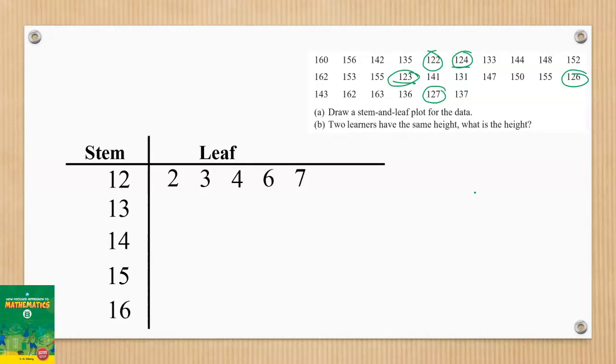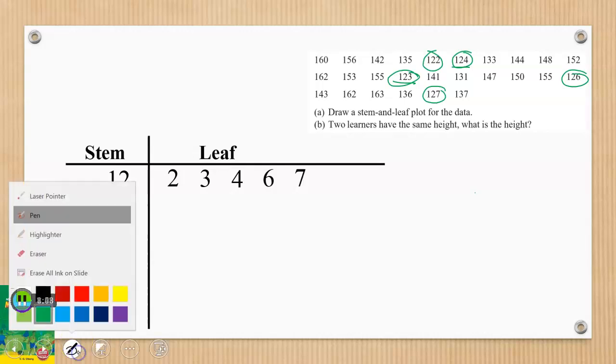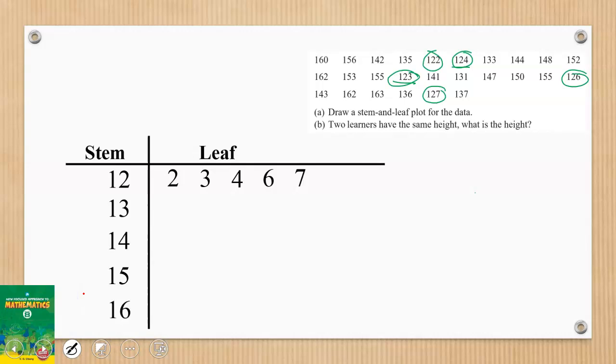Then we come to the next one that has 13 as a stem. So we are looking at 13, and then the number that follows. We can start from here, 1, 2, 3, 4, 5, so far.